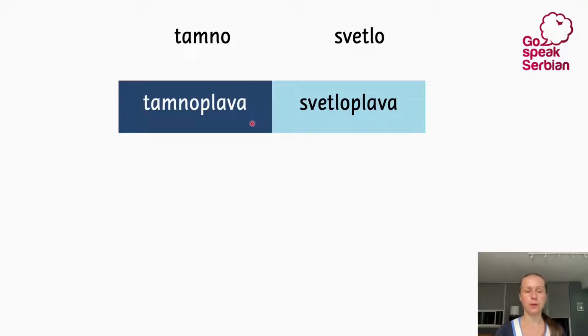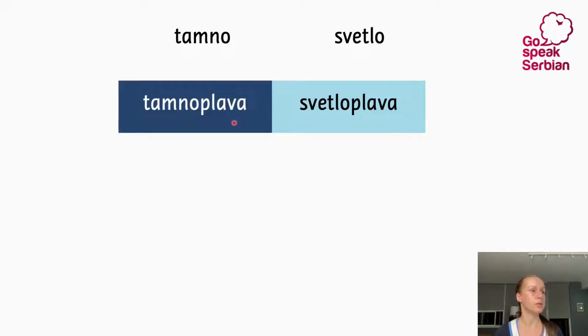For example, if I want to say dark blue t-shirt, I would say tamno plava majica and write tamno plava as one word. Or if I would want to say dark blue phone, I would say tamno plavi telefon. Telefon is a masculine noun, so tamno plavi telefon. Again, writing dark blue as one word.